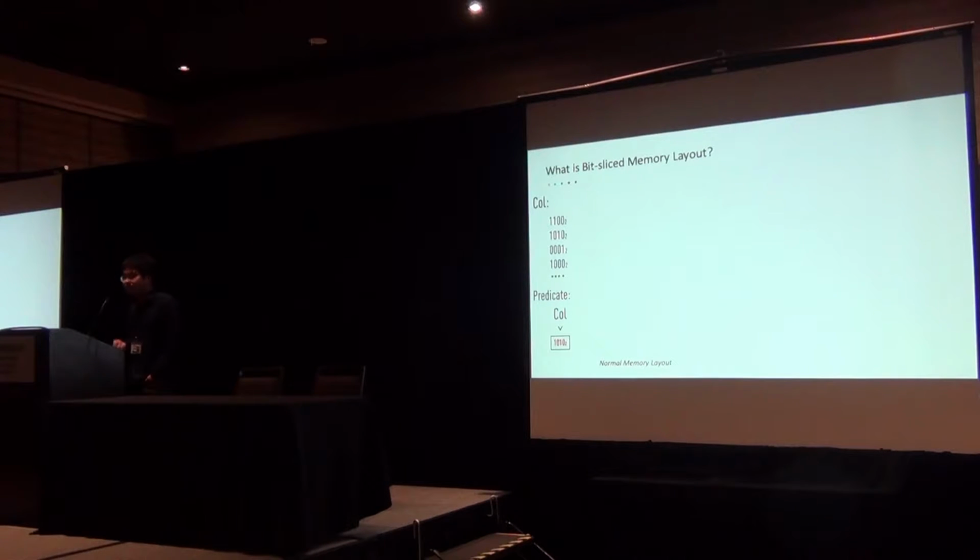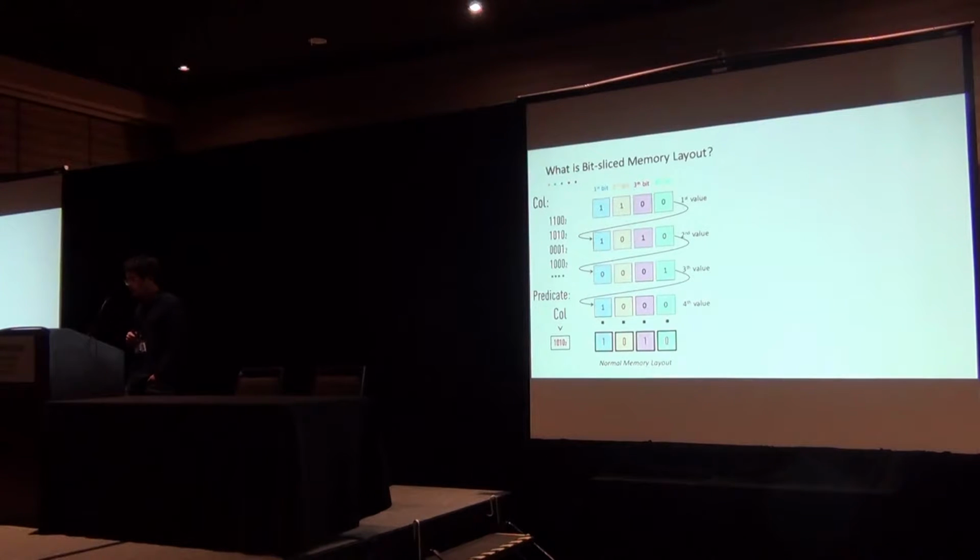Before I talk about the bit serial memory layout, I will talk about how to store this column in the normal memory layout. First, I will store the first value, followed by the second value, the third value, and the fourth value. Then for the bit serial memory layout, here's the difference.